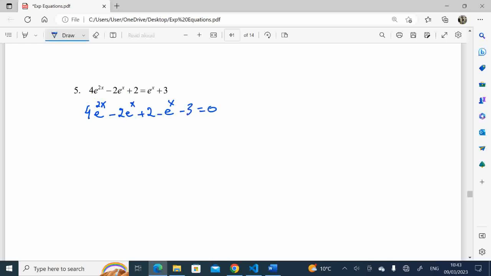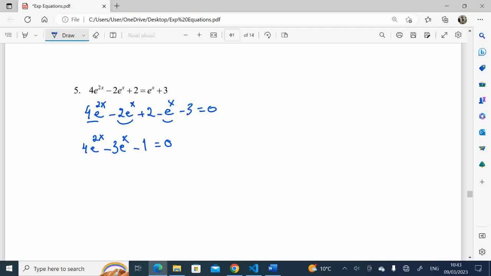And let us simplify the sums here. First, 4e^(2x) is the only term with this form, so we leave it. Then -2e^x - e^x is -3e^x, and +2 - 3 is -1, equal to 0.